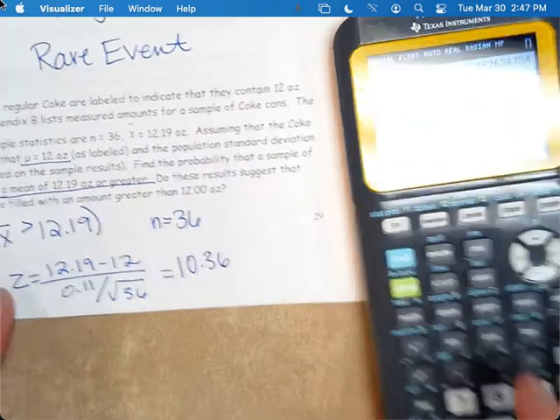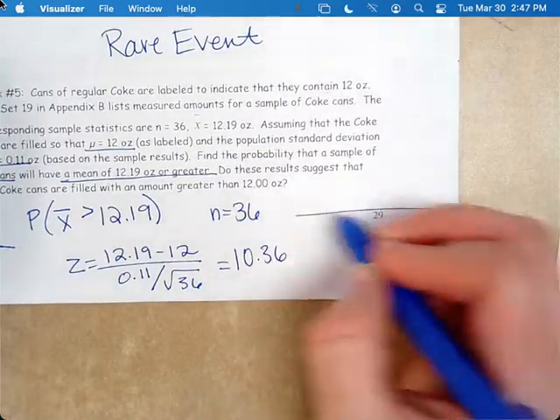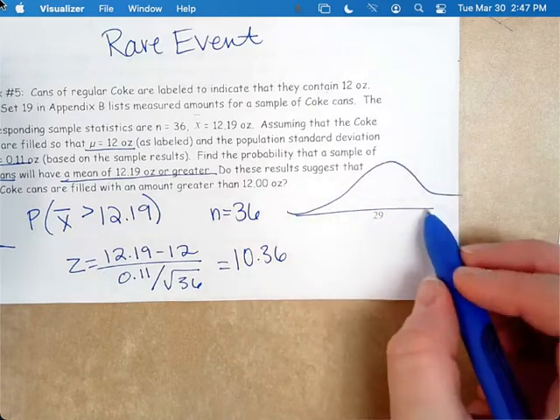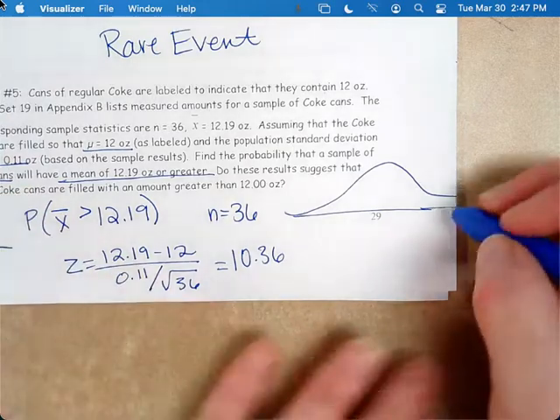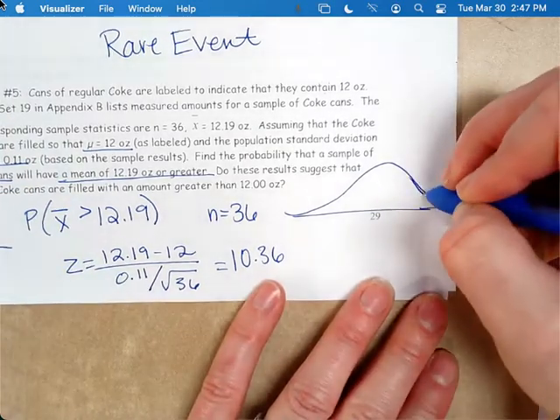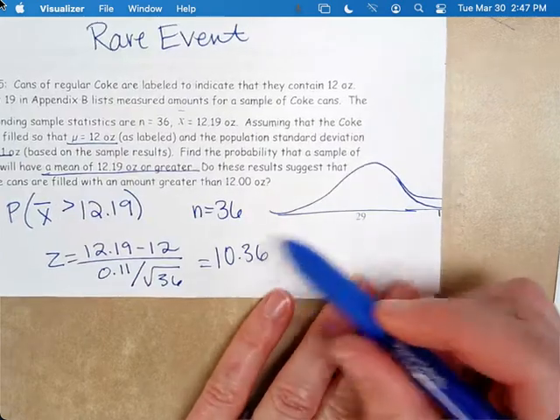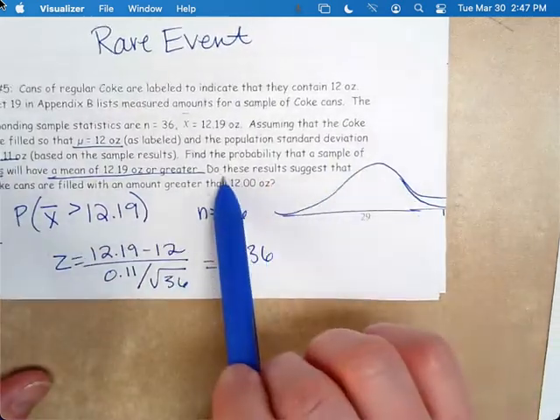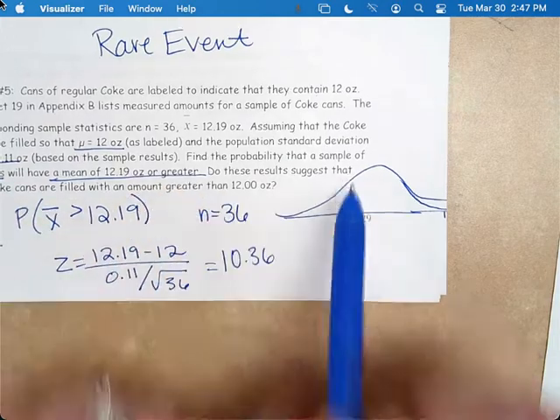Okay, so look at that z-score. What do y'all think about that z-score? Where would that z-score be? That's like way over here, which looks bad. So do these results suggest that the Coke cans are filled with an amount greater than 12 ounces?